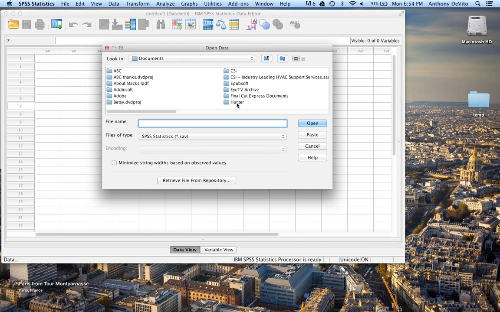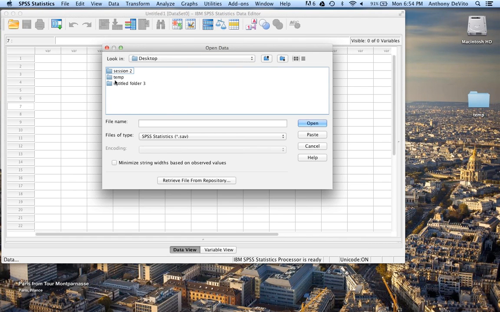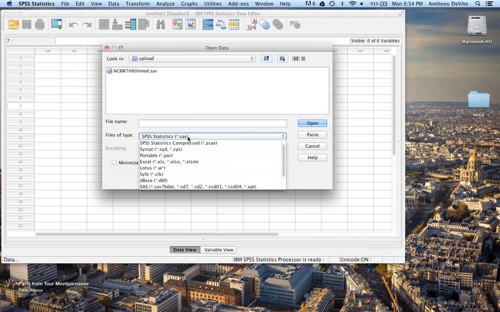Okay, I'm going to navigate to where I happen to have my data file. It's on my desktop. I know it's in this folder, and I'm going to open my Excel. I don't see it. The reason why I don't see it is because right now it's only looking for SPSS data files, .sav.